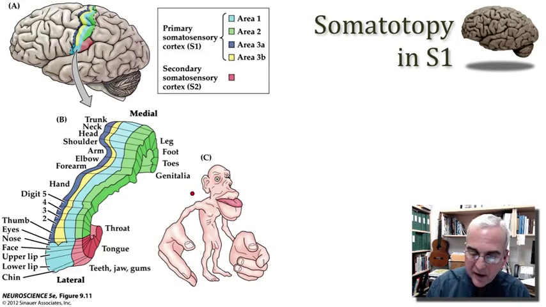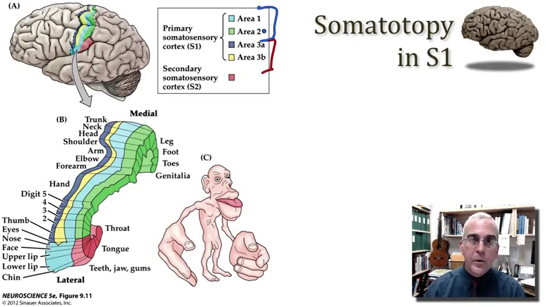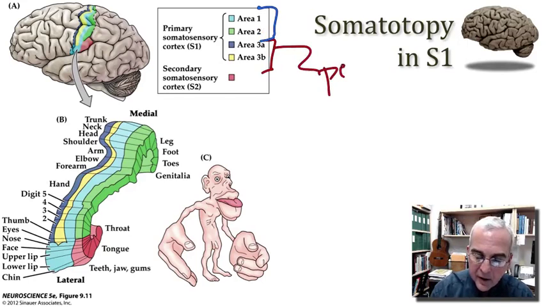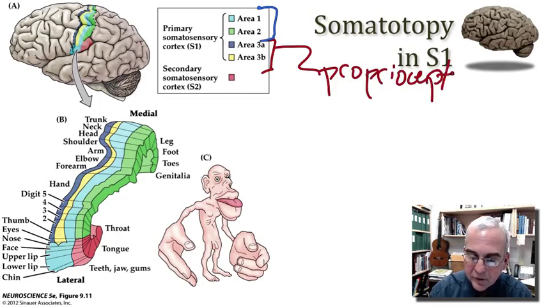One might suggest that area 3, being subdivided into 3A and 3B, is truly the primary somatic sensory cortex from a physiological perspective, whereas areas 1 and 2 seem to process a more higher order aspect of somatic sensation. Area 3A is especially concerned with our proprioceptors, those receptors that are found in deeper structures, such as our muscle spindles and our Golgi tendon organs and our joint receptors, whereas area 3B is more concerned with cutaneous receptors.